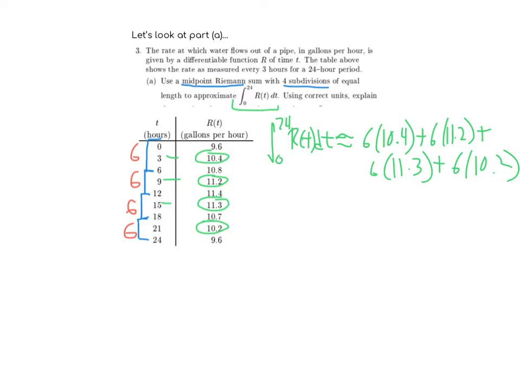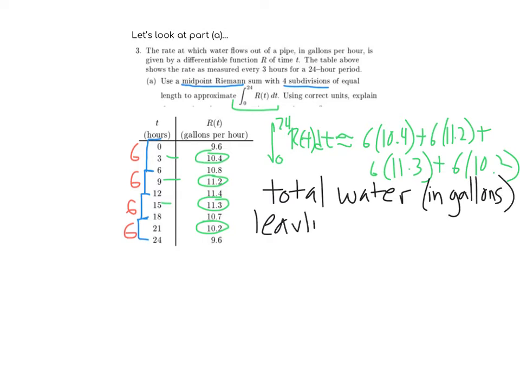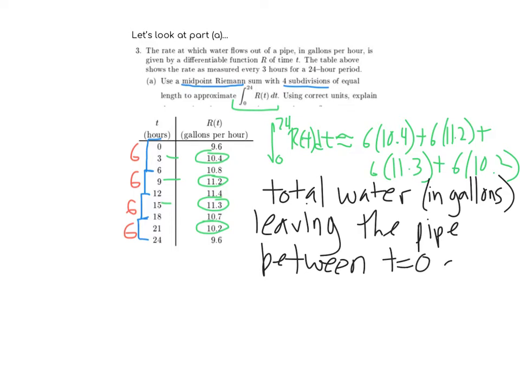Okay, and then as far as some kind of interpretation of this, if we're talking about an accumulation of gallons per hour, that would be the total water in gallons leaving the pipe, and that would be between time t equals 0 and t equals 24.